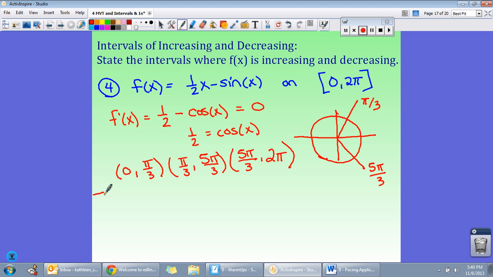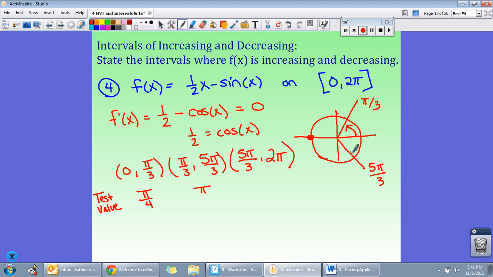The next thing we're going to do is look at a test value. On the interval from 0 to pi over 3, we don't have very many options, but we should use a reference angle. I'm going to use pi over 4. Between pi over 3 and 5 pi over 3, I'm going to use pi, but you can pick any angle.